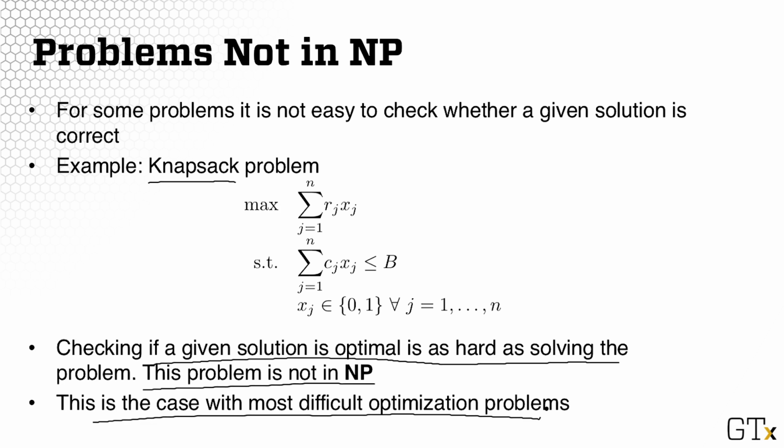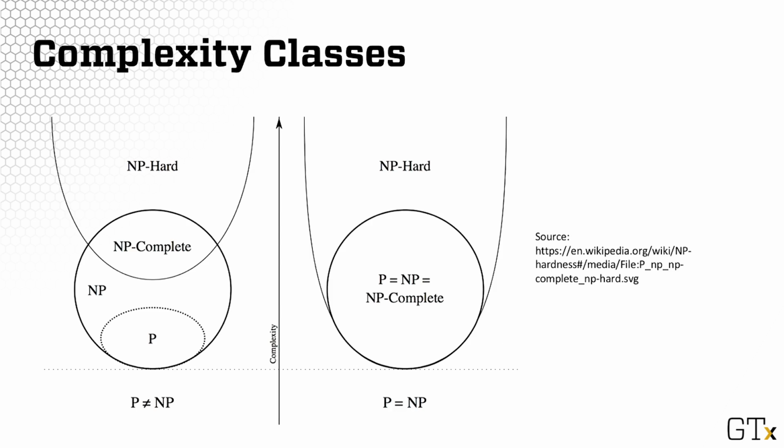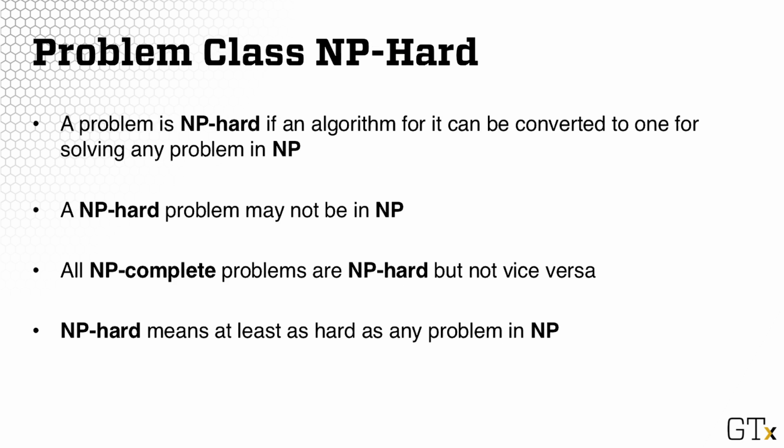All right, so here we do not know whether a given solution is optimal or not, because checking whether a given solution is optimal is as hard as solving the problem. And unfortunately, this is the case with most of the difficult optimization problems. So there are some problems which are not in NP, and these problems are known as the NP hard problems.